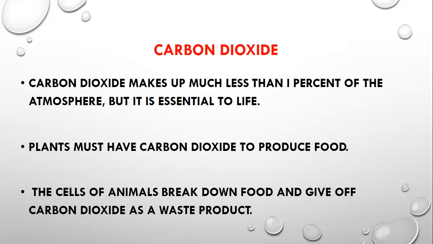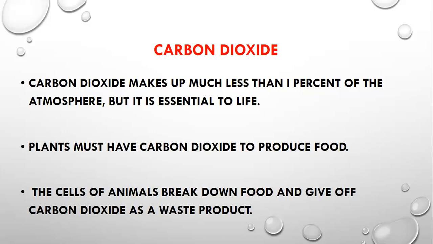Carbon dioxide makes up much less than 1% of the atmosphere, but it is essential to life because plants must have carbon dioxide to produce their own food and to release oxygen, in order to make balance.